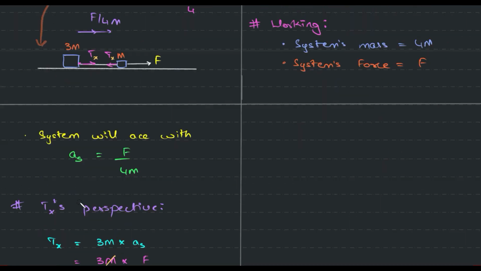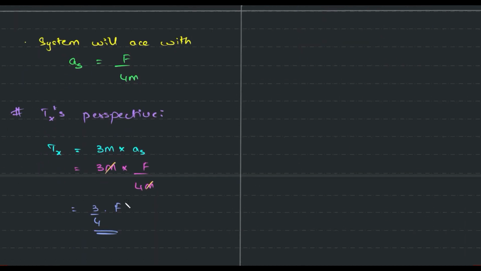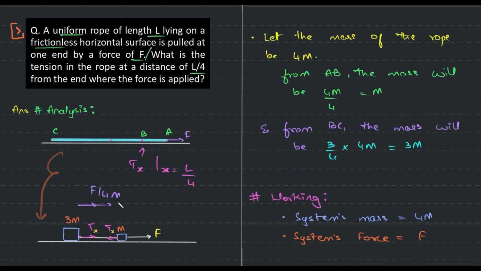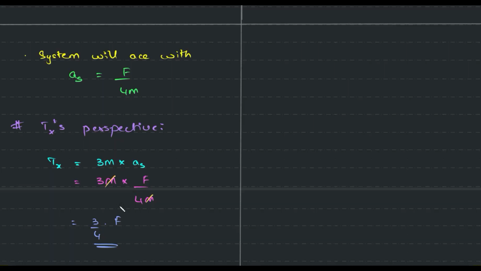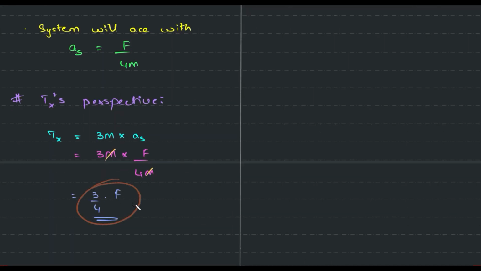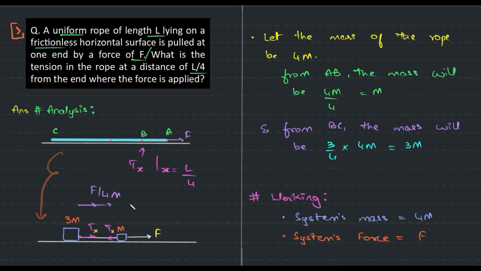If you're able to figure this out, you are pretty much done. And the other is that this answer is commonsensical. It has to be: this is 1/4 and this is 3/4, and you're applying a force of F, so 1/4 of the force F will be used between A and B, and 3/4 will be used between B and C.